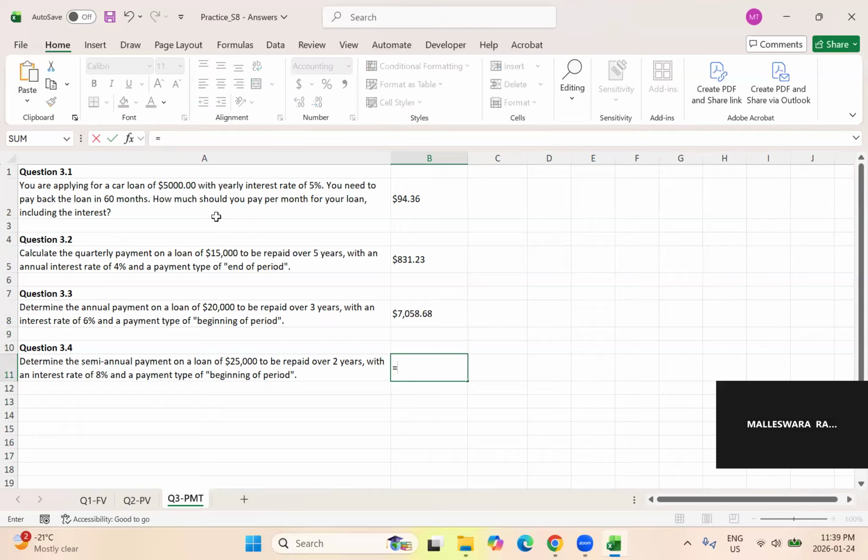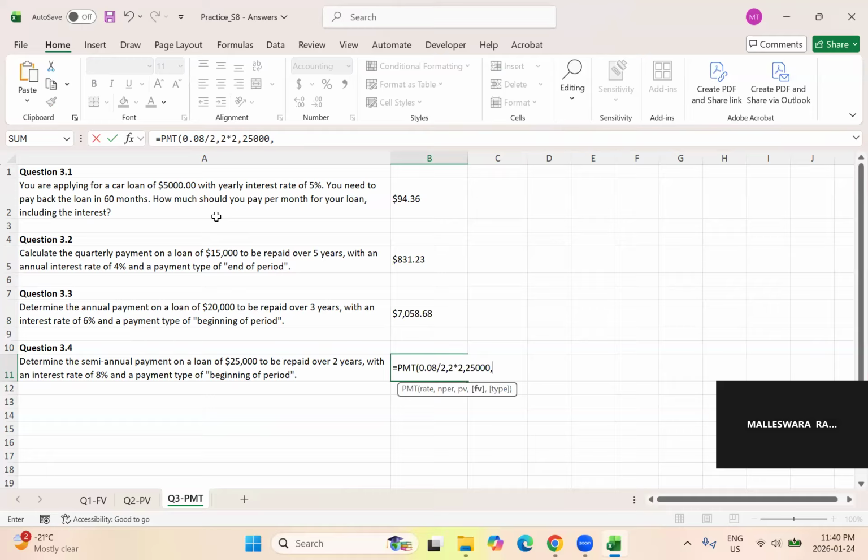Okay. Equal to PMT semi-annual. Beginning of the period. So 0.08. Semi-annual means 2. So 2 years, 2 multiplied by 2. The present value $25,000. Money coming to you. Okay. I will put 25,000.